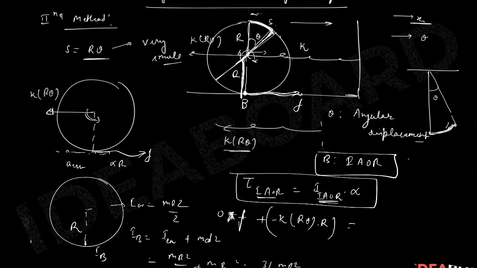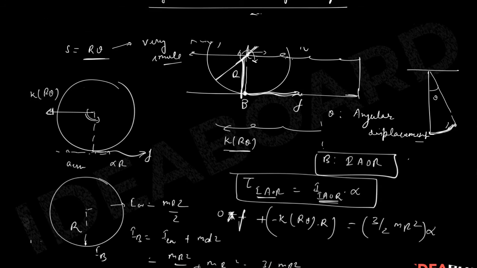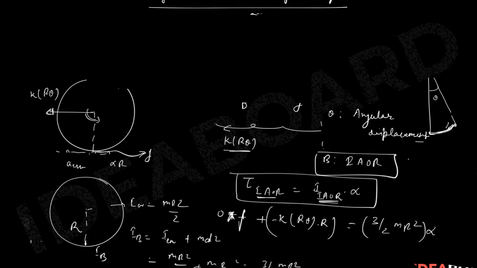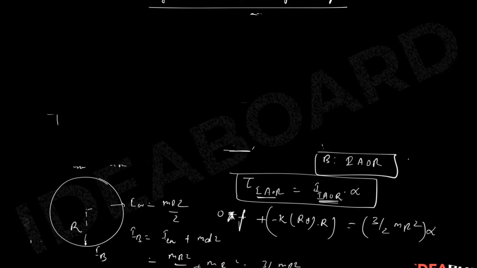And if you use that, this will be 3 by 2 mr square into alpha. So this is a simple thing, but conceptually this is very important. Conceptually it's a bit tough, so if you understand properly, then only you can apply it, otherwise you apply your old method.